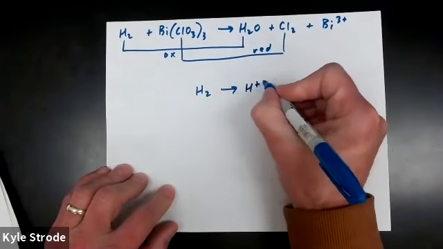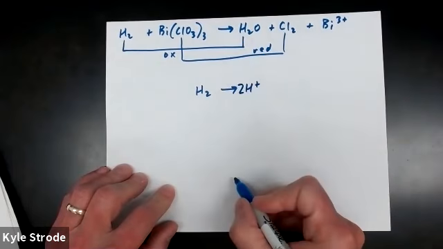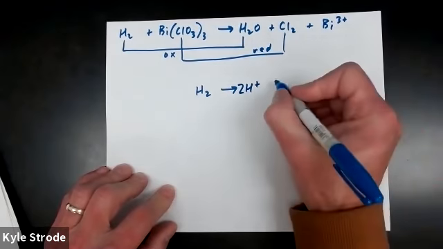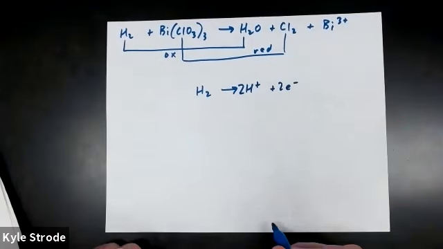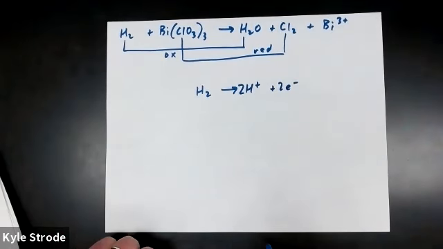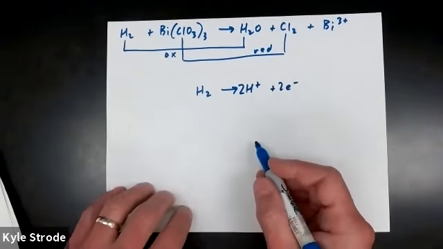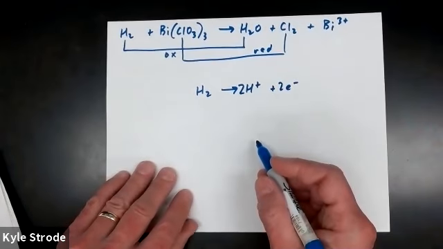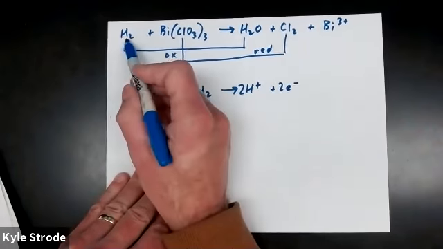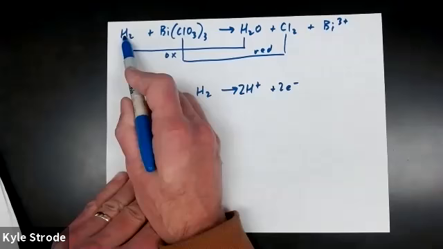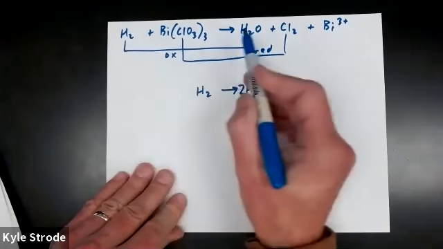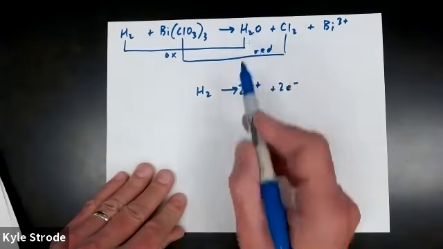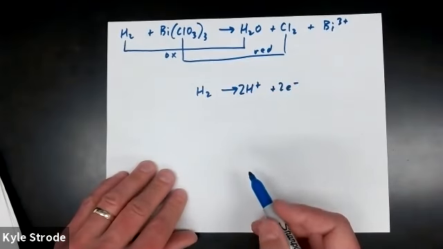I write H plus. I need 2 of them. And then I can see the only thing that remains is 2 electrons. And that's how I'm going to balance my H, even though it appears that H goes from 0 to +1 and ends up as water. We'll see what happens later.